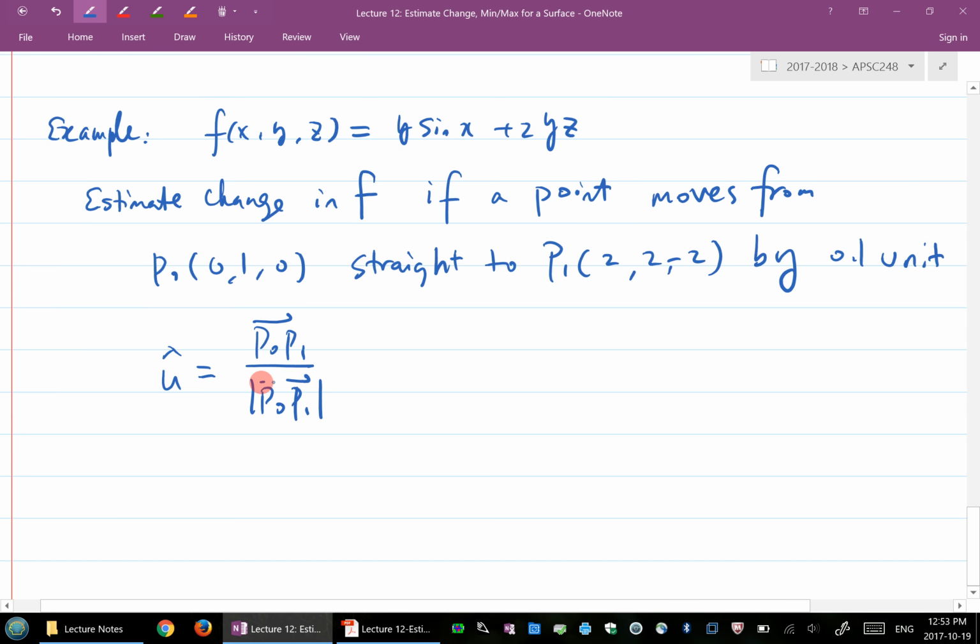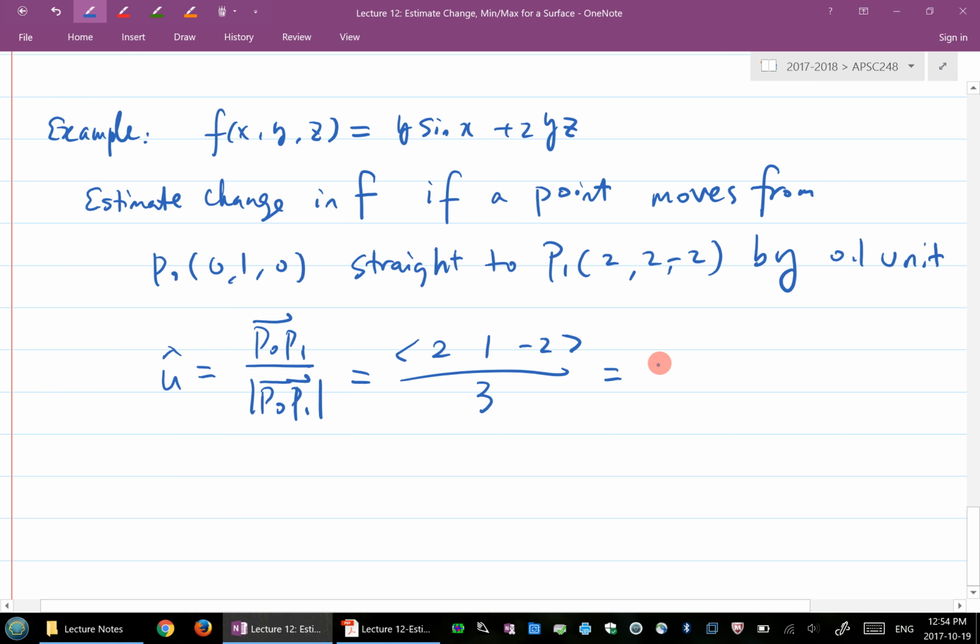If you normalize this vector, you get u hat. So we can calculate the vector P0P1 using P1 coordinates minus P0 coordinates. That's 2, 1, negative 2. Its length is the square root of 2 squared plus 1 squared plus 2 squared, so 4 plus 1 plus 4, which is 9. The square root is 3, so that gives you a 3 at the bottom here.